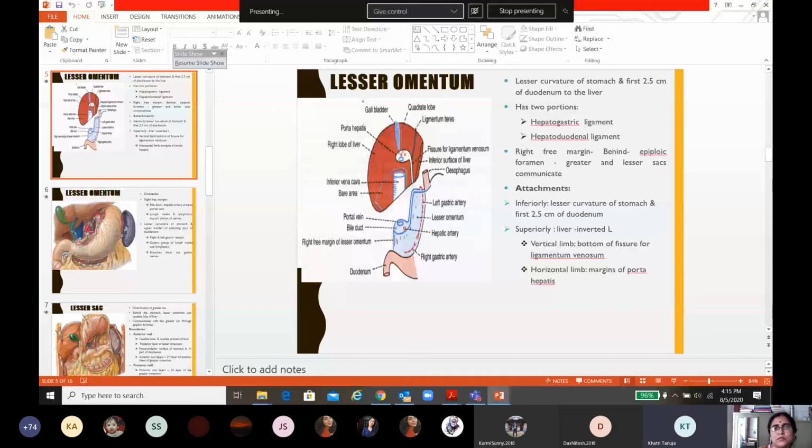Ma'am, to the liver. Very good. Excellent. But can you be specific? Vertical limb to the ligamentum venosum. And horizontal limb to margin of porta hepatis. Very good. Now, what are the contents of the lesser omentum along the right free margin? Hepatic artery, portal vein, and bile duct.